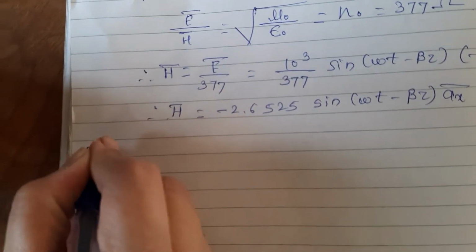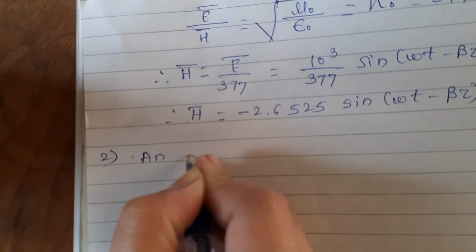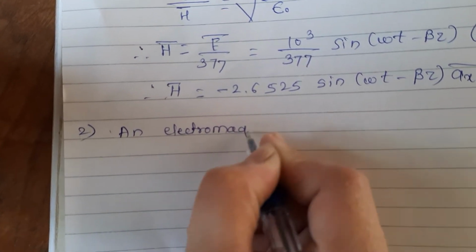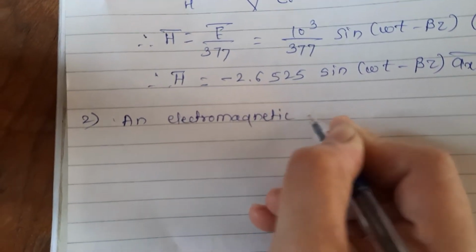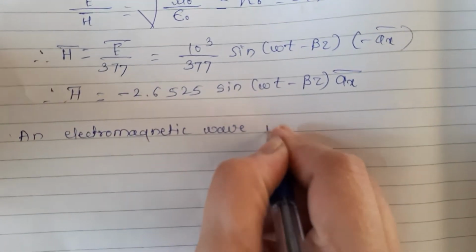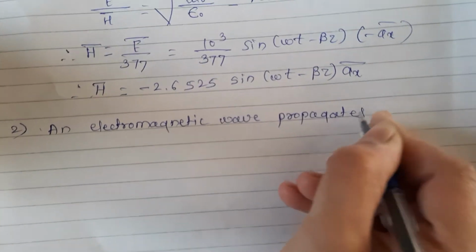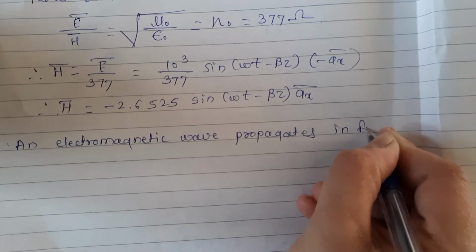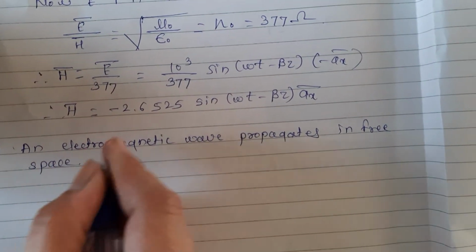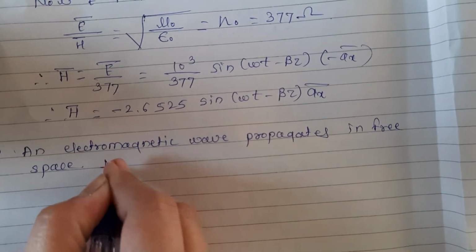Second problem. An electromagnetic wave propagates in free space. Its fields are given as follows.